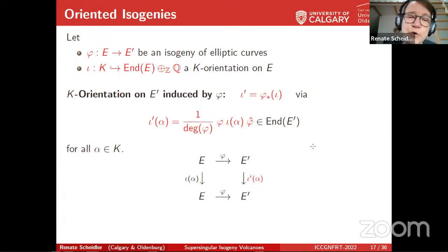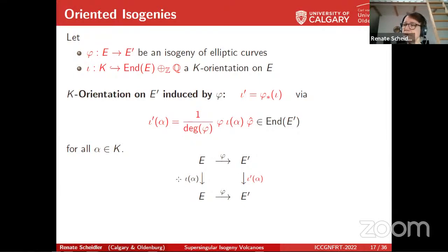That's the induced orientation. Another way of expressing this is that we want this diagram to commute. You have the two curves with an isogeny here, and the curves with an isogeny there. Here you have an endomorphism: every element alpha induces an endomorphism. And you want to make sure that the induced orientation is defined in such a way that this diagram commutes. You can go along either arrows.